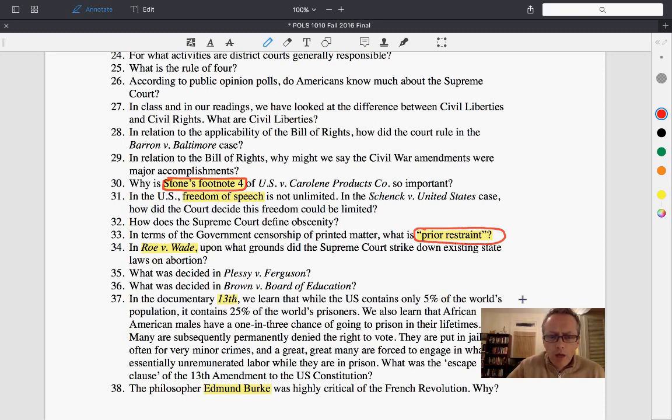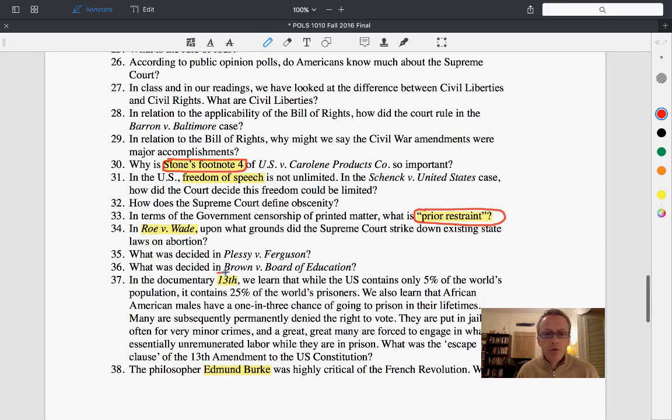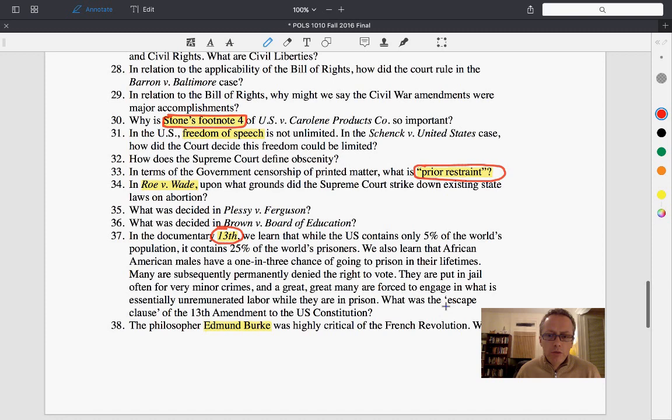Okay, now moving on to the documentary 13th that we watched in class. Just a little bit more that's very related to what we've just been talking about. The 13th Amendment to the U.S. Constitution bans slavery, or does it? I've provided some materials for you. We were just discussing them earlier. They're linked earlier up above in this document if you want to check out the basis of that.